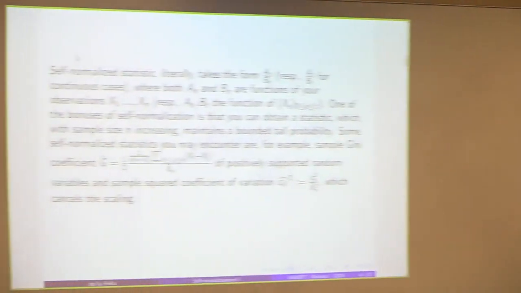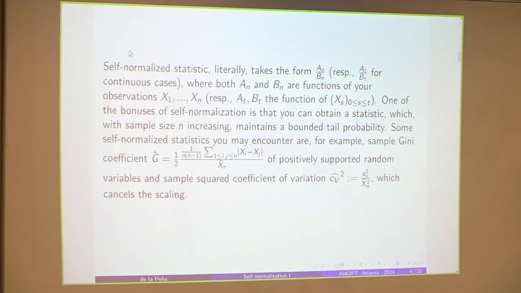There are several examples of self-normalization. For example, the World Bank has a statistic used to check financial inequality between countries: how unequal are the countries?